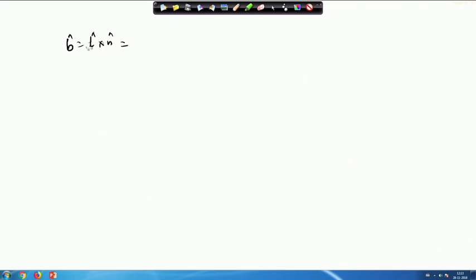So, T is basically the unit tangent vector, and N cap is the unit normal.